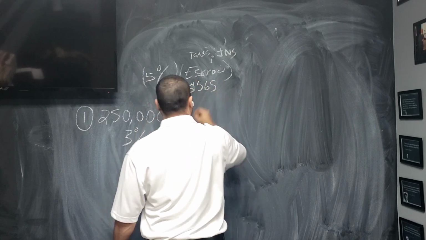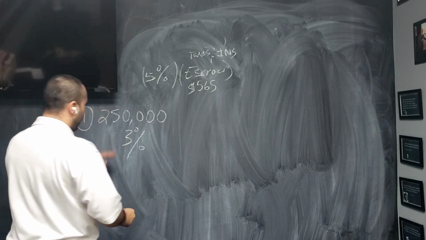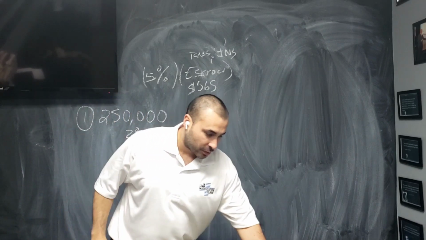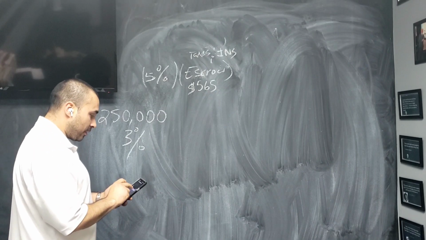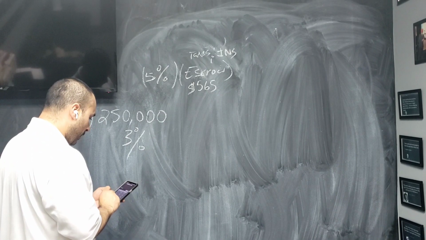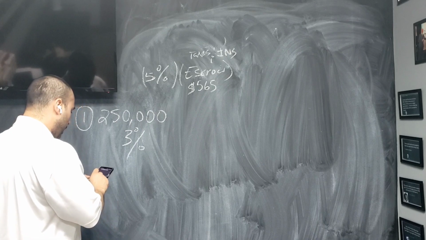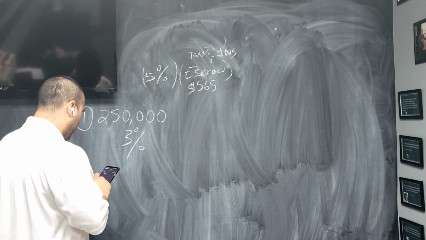This includes taxes and insurance. So whatever the calculation of this payment, I'll just tell you guys the calculation on a payment of $250,000 with a 3% interest rate, and we'll base this on 30 years.